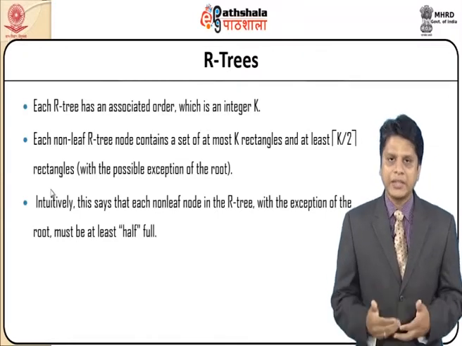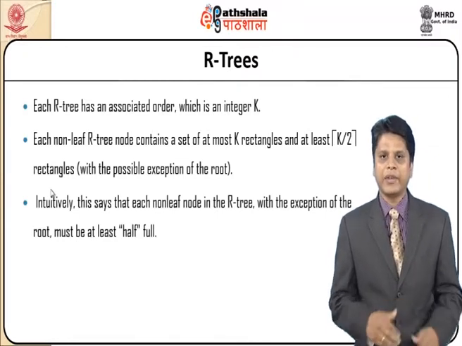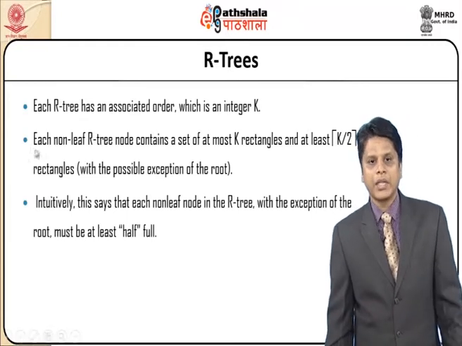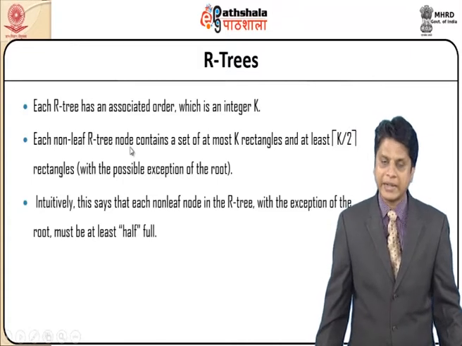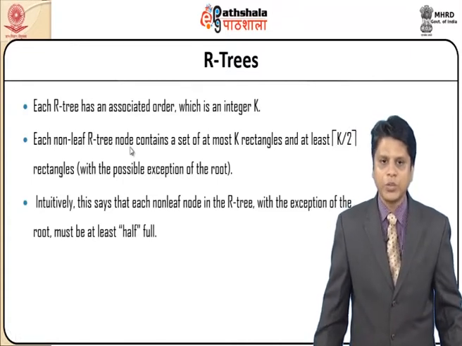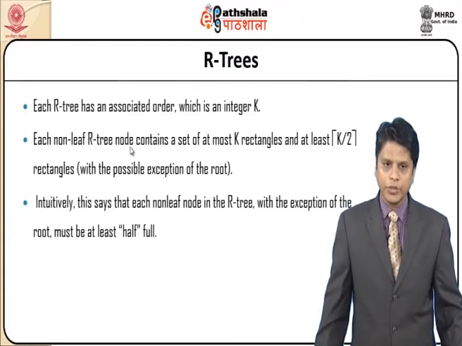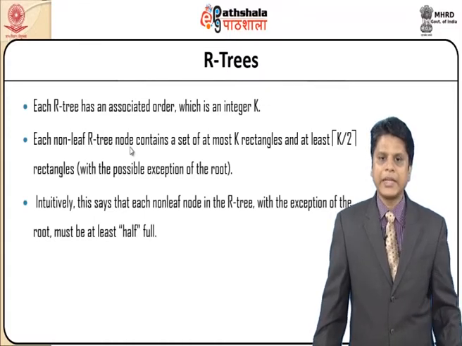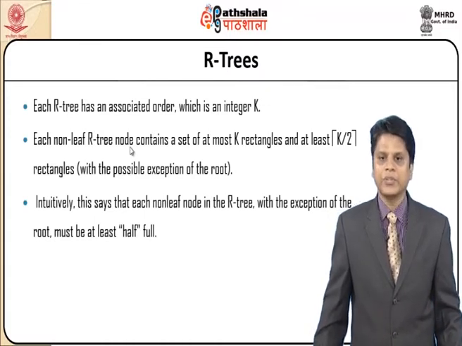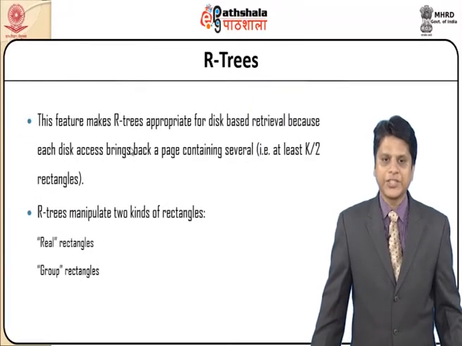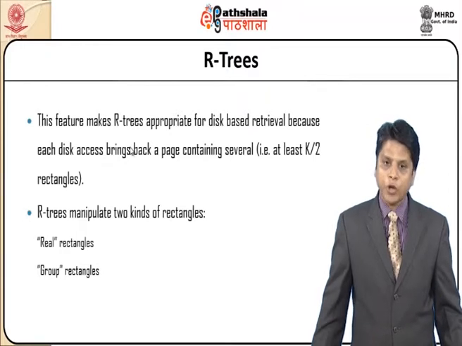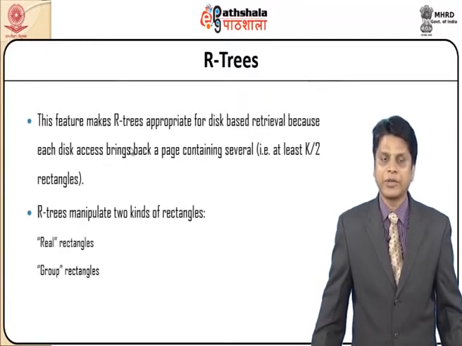Each R tree will have an integer k. Each non-leaf R tree node contains a set of at most k rectangles and at least k by 2 rectangles. Intuitively, this says that each non-leaf node in an R tree, with the exception of the root, must be at least half full. This feature makes R trees appropriate for disk based retrieval.